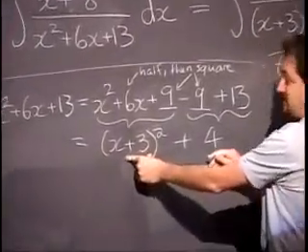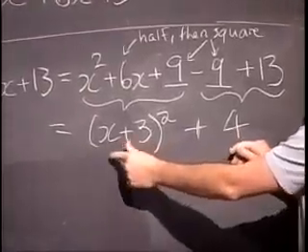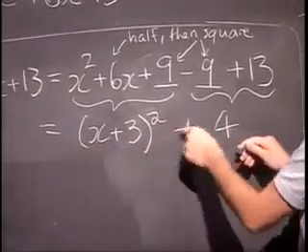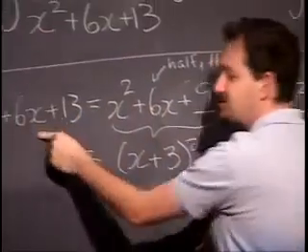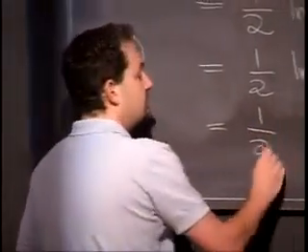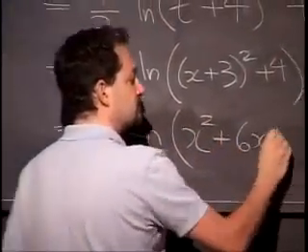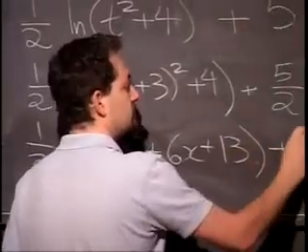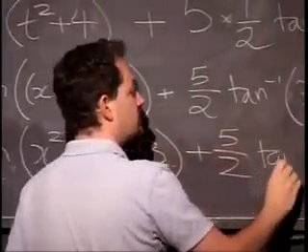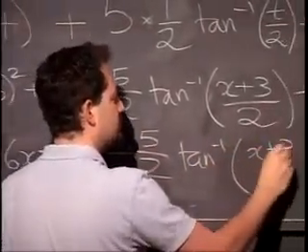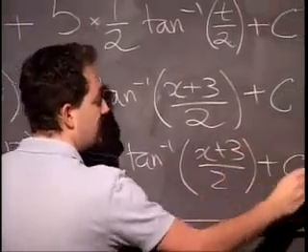If you've done it correctly, you should get the same thing, or a multiple of that. x plus 3 all squared plus 4 is just our original denominator. So, without actually recalculating it, we know that it's the original denominator. And then I'll just copy out the other term again to get the final answer to the problem.